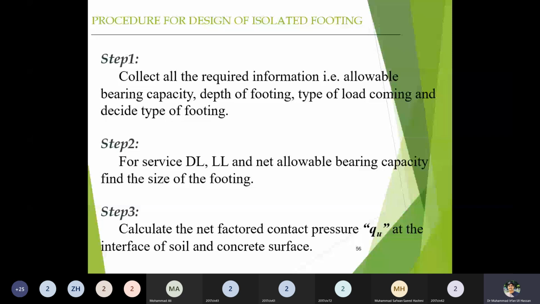Next, you will check that the maximum pressure developed under the footing is less than the bearing capacity. You will compute the pressure as per the requirements, whether it is a moment case, an axial case, or a two-moment case. Then you will compute the ultimate bearing pressure under the footing by dividing Pu, the factored load, by the area provided.